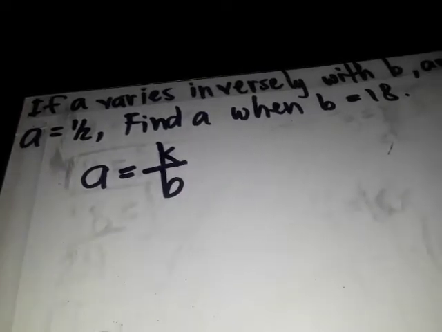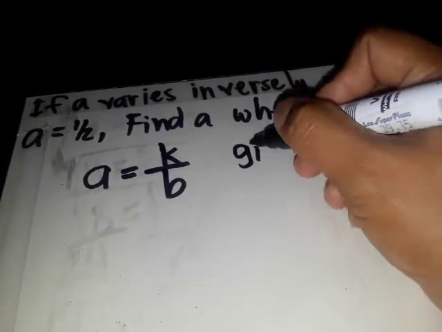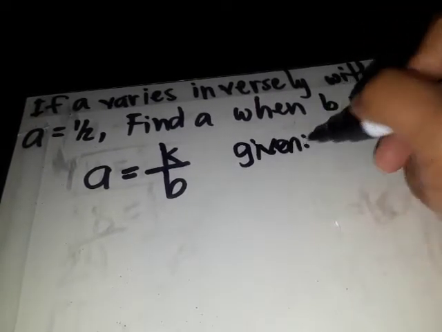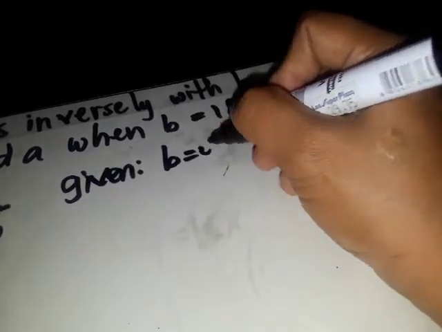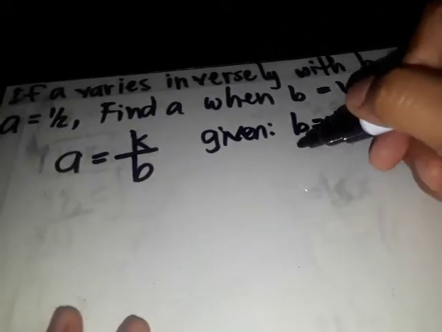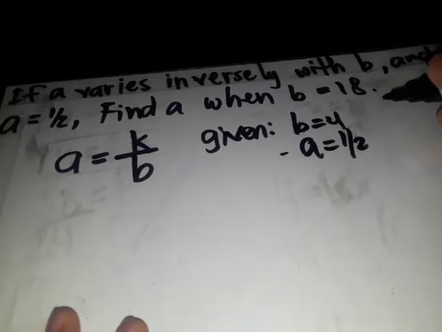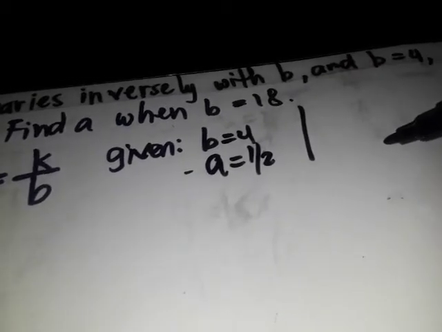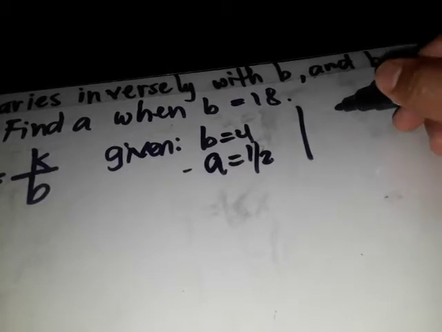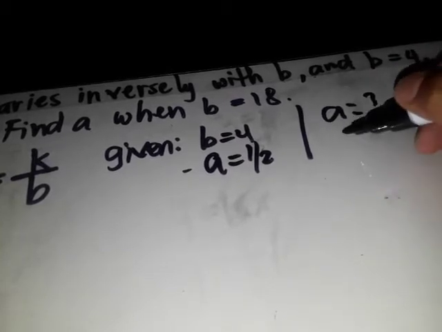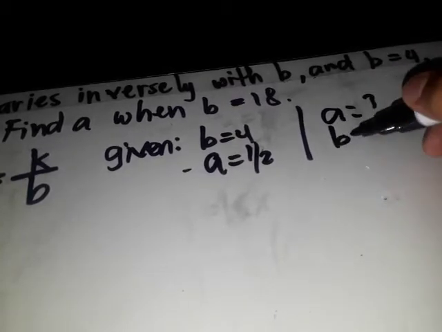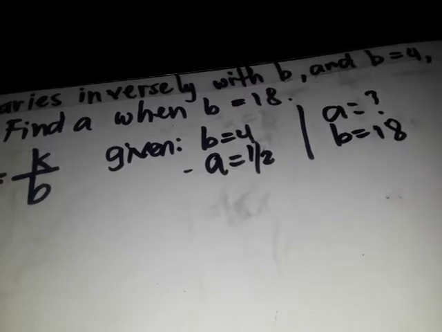Ngayon, susunod, isusulat natin ang mga given. So, ang ating mga given, ang unang given ay B is equal to 4 and A is equal to 1/2. And then, another given, we're looking for A, question mark, and of course, B is equal to 18.